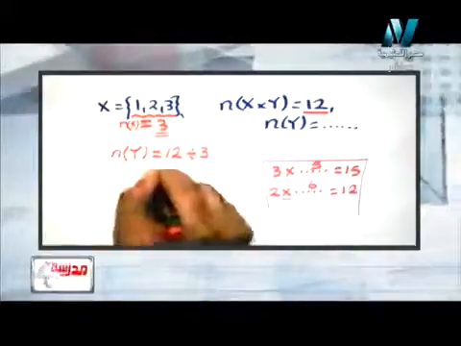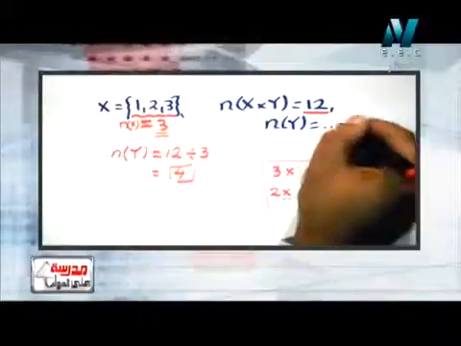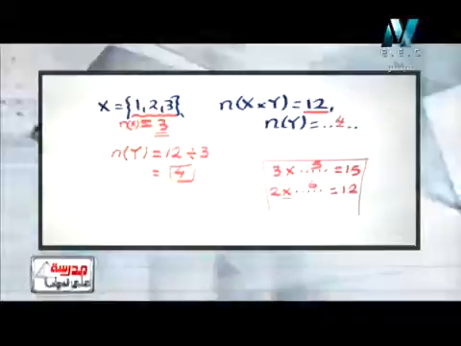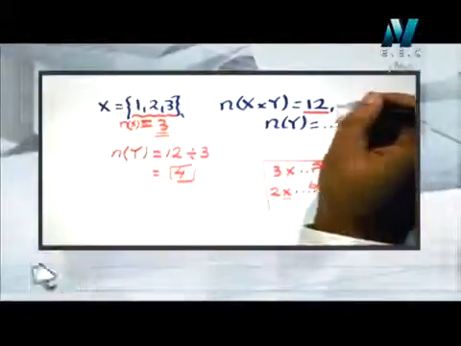So the answer equals 4. So you can see here the number of elements of y equals 4. You can check your answer by multiplying 3 times 4. I think it will be 12. So to find the number of elements of y, you can divide 12 by 3, it will be 4.